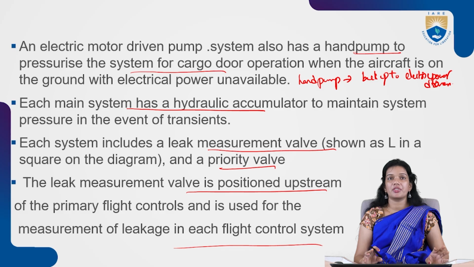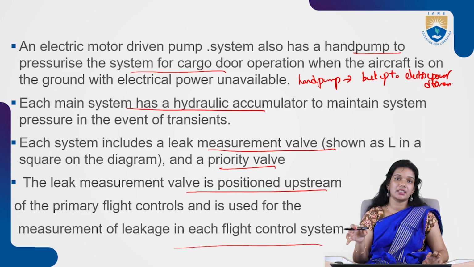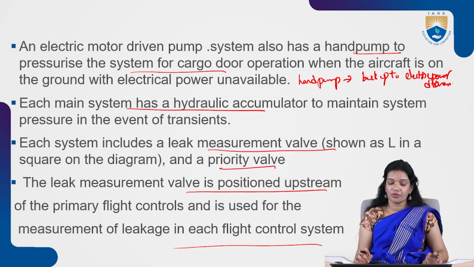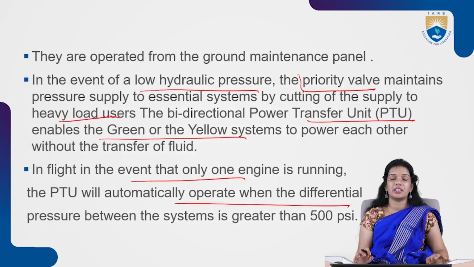You have a leak measurement valve which checks for leaks. Then there is a priority valve which makes sure that the fluid enters the concerned source or the concerned application rather than any heavy load users. So the heavy load users are completely cut off, and that becomes the priority, right?